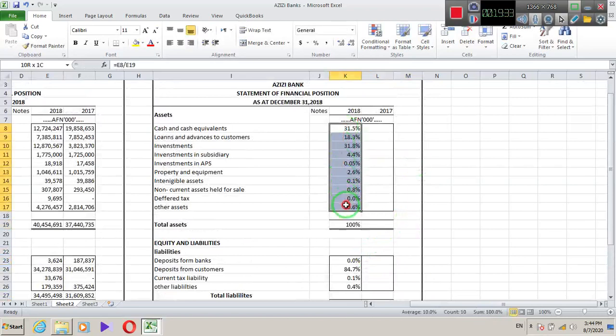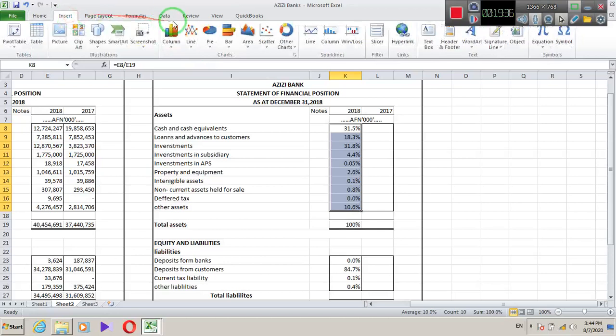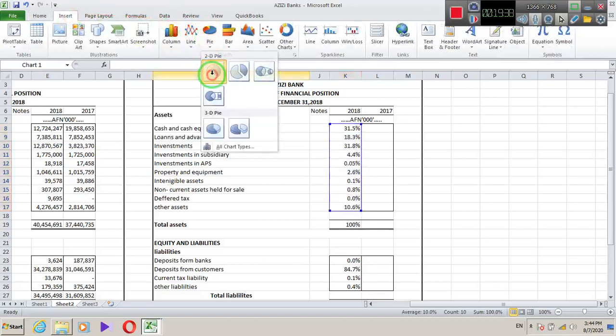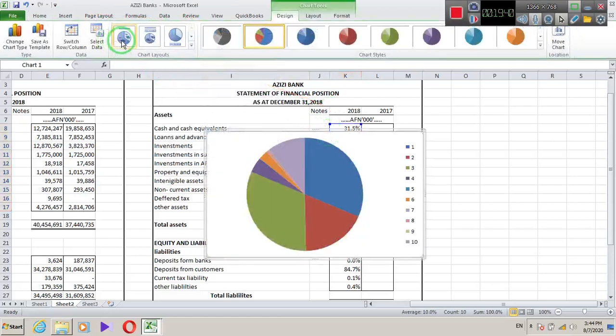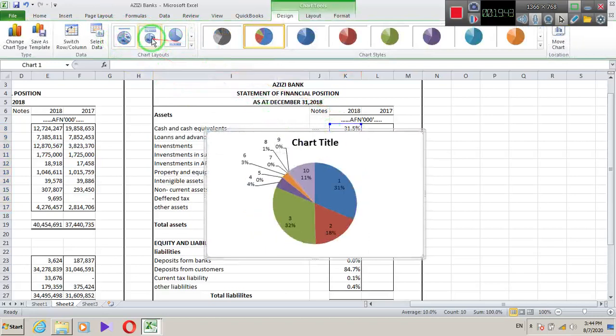Now if we want to draw a diagram of this, a pie chart with the percentage of each one.